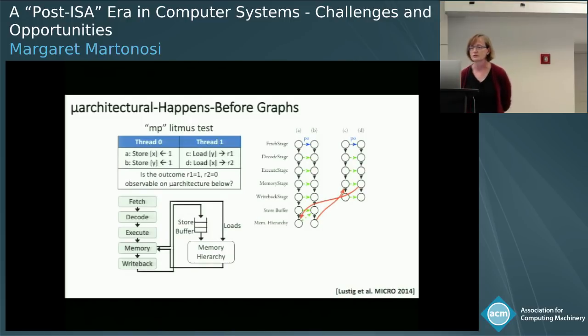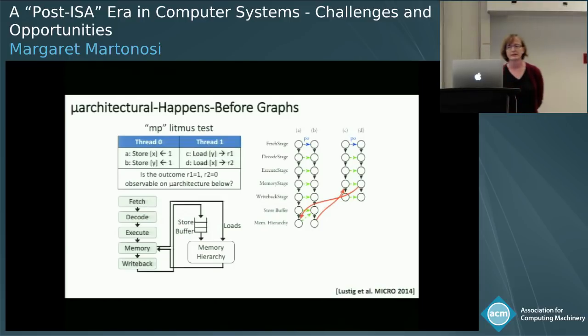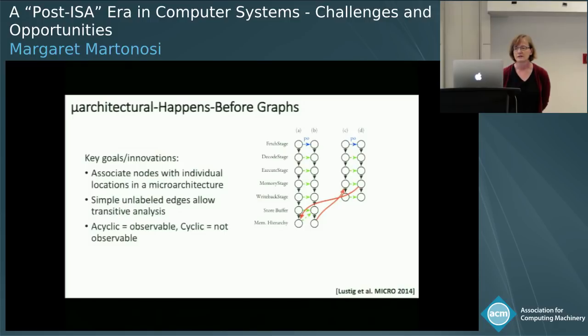And we start with essentially no ordering assumed, but each time that we process some of the axioms that describe this microarchitecture, we can add new edges to the happens-before graph to show something we've learned about the ordering of events. So the key goal is to get the nodes associated with individual locations in a microarchitecture rather than having a node that is for the instruction as a whole.